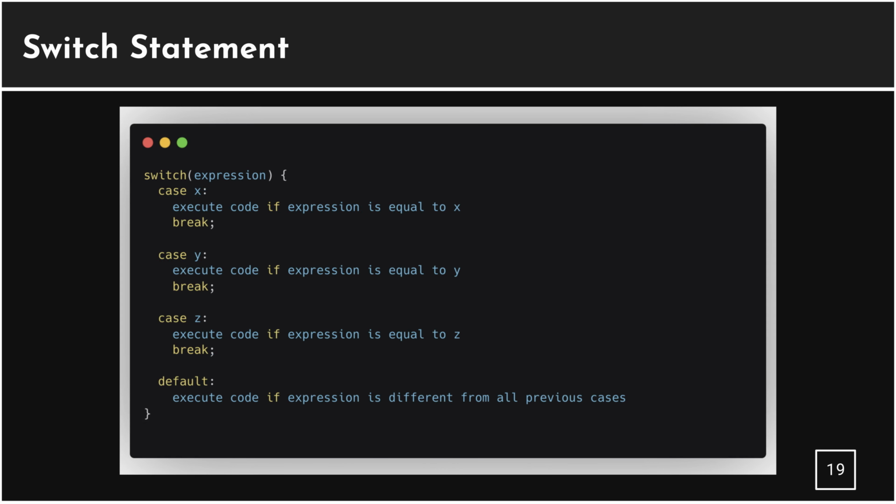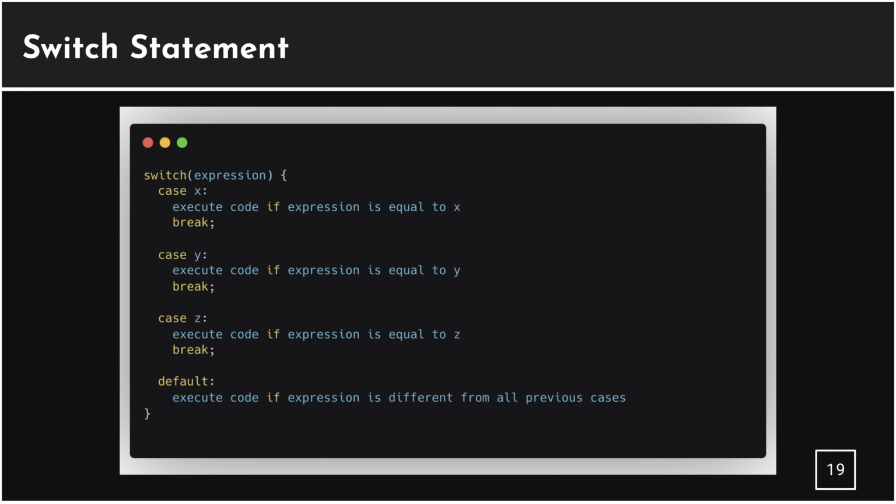Finally, we have the switch statement. The switch statement accounts for expressions and not conditions. Expressions can take any value, whereas conditions can only take true or false. We define a case for each expected value that expression may take, for example x, y, and z.